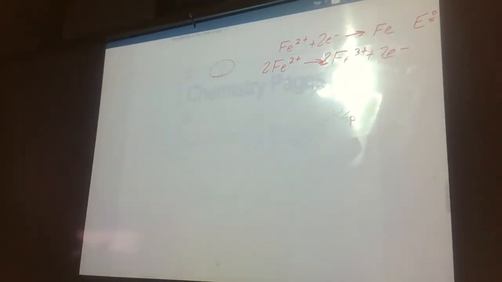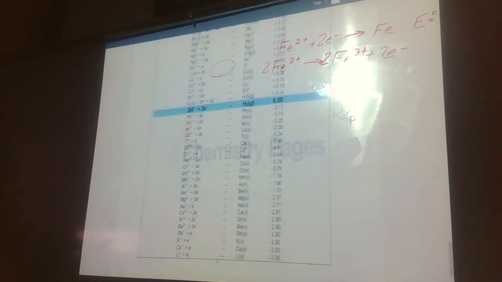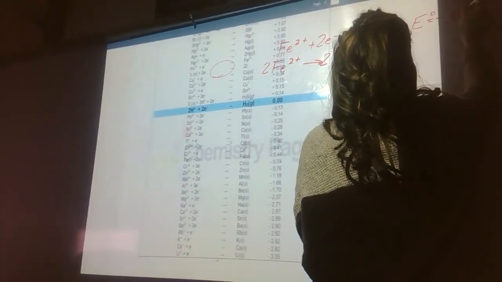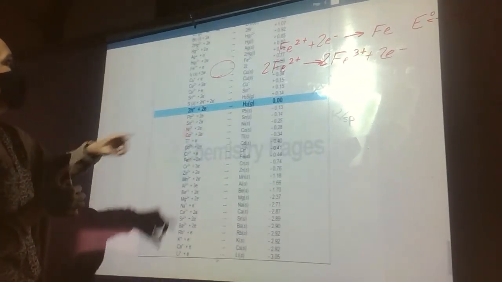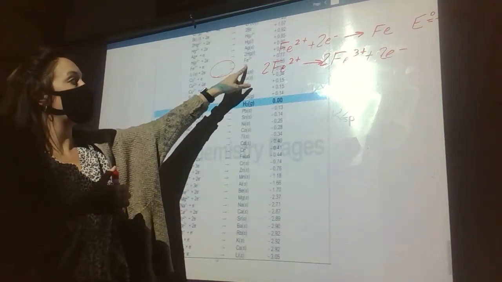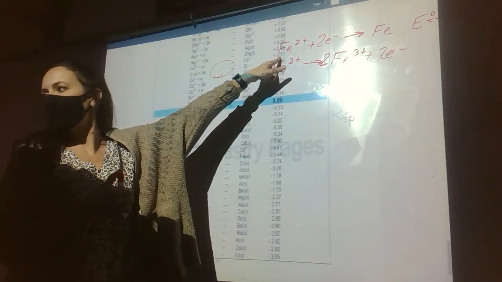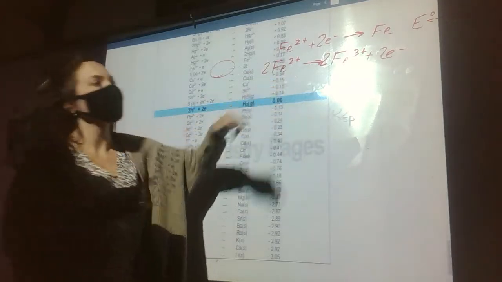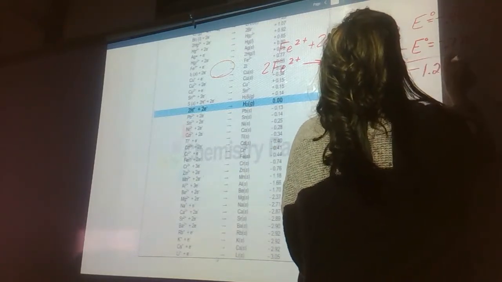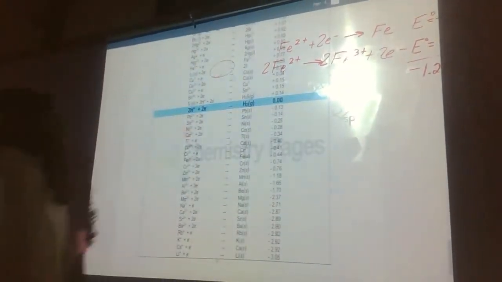So if I go down here, Fe2+ plus 2 electrons going to Fe is negative 0.44 volts. And then Fe3+ plus an electron going to Fe2+ is positive 0.77 volts. But I'm looking at the opposite of that, so it's going to be negative. When I add those up, I get negative 1.21 volts for my cell potential.